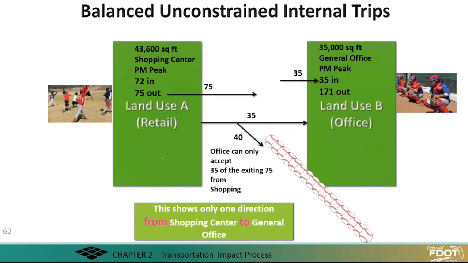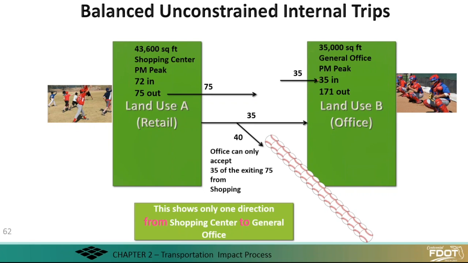Now, you would really like to minimize the projected impacts on the surrounding road system, so you would like to say all these people leaving retail are going to be headed to the office. Well, there's 75 vehicles leaving the retail, but only 35 entering the office.